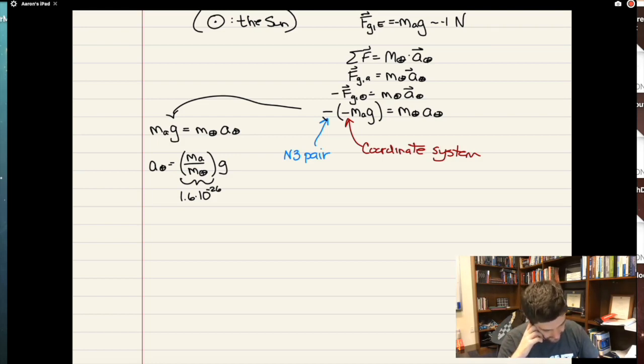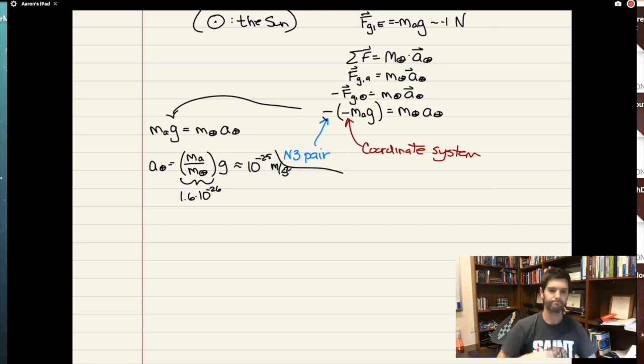So if I plug in 10 for g, this is on order something like 10 to the minus 25 meters per second squared. So the apple falls down accelerating at 9.8 meters per second squared. The Earth accelerates up at 10 to the minus 25 meters per second squared, which is a little bit smaller than 9.8.